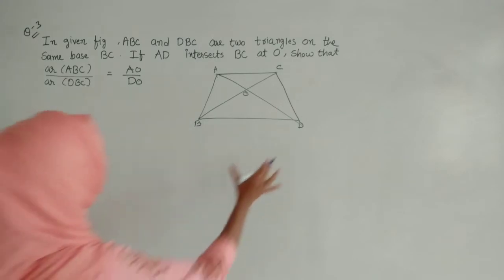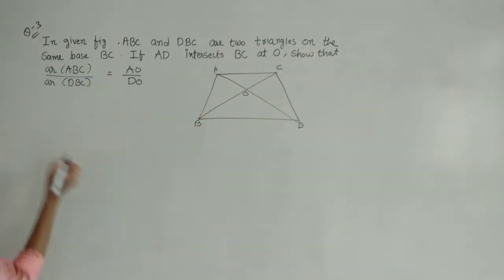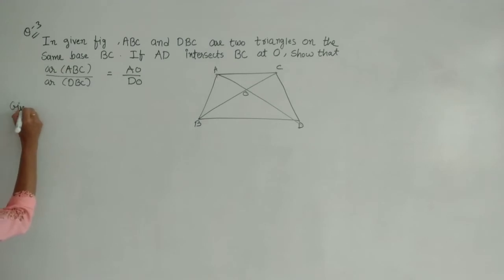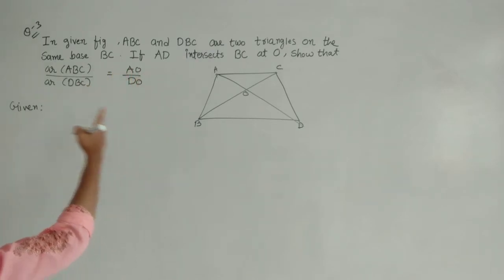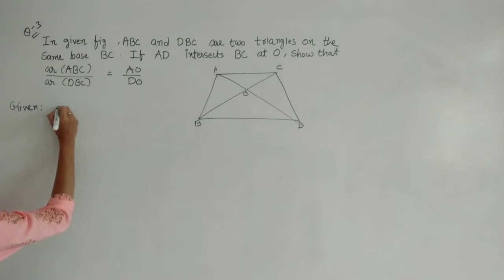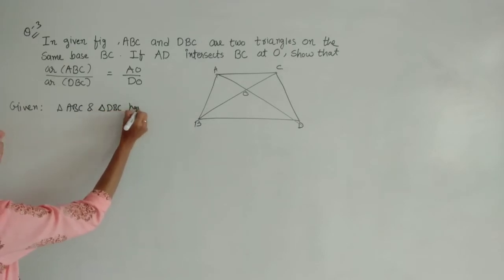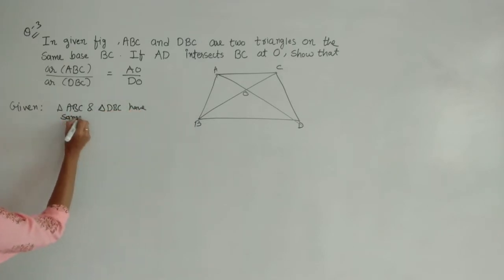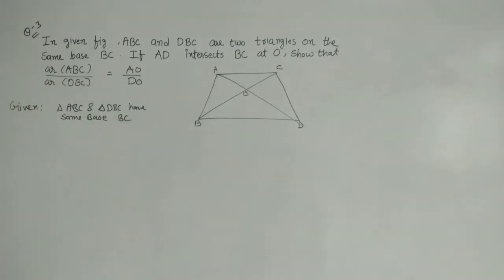So here, if you are talking about areas of triangles, as you know, first we will write given. In given I will write that ABC and DBC are two triangles on the same base BC. They have the same base, so triangle ABC and triangle DBC have the same base BC, that we are writing.